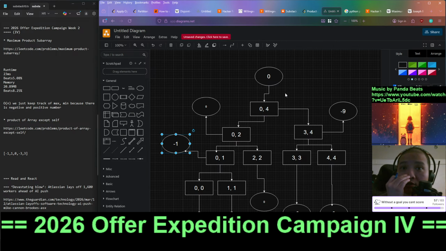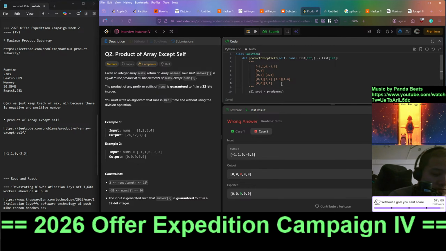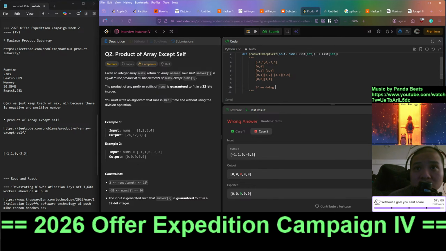But the only problem is if we are doing a segment tree, this is actually O(n log n), right?